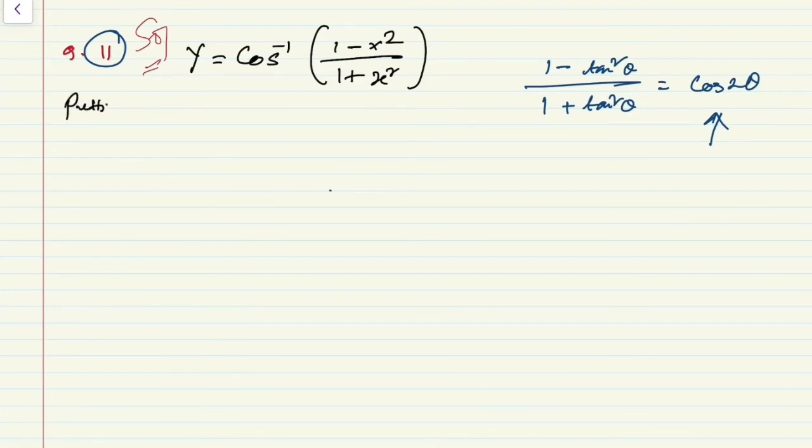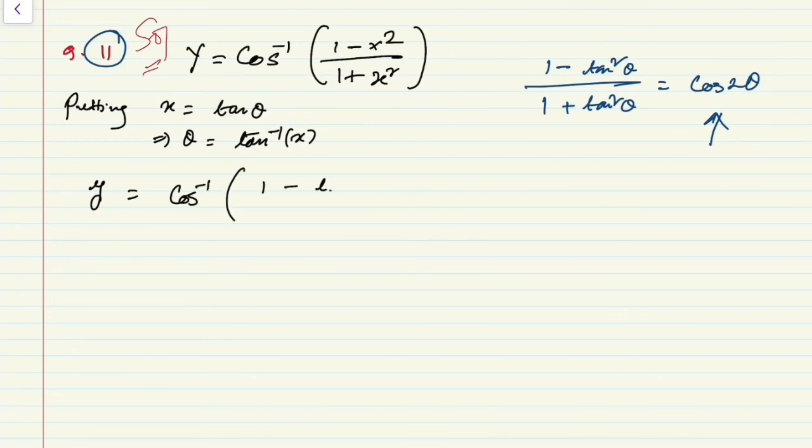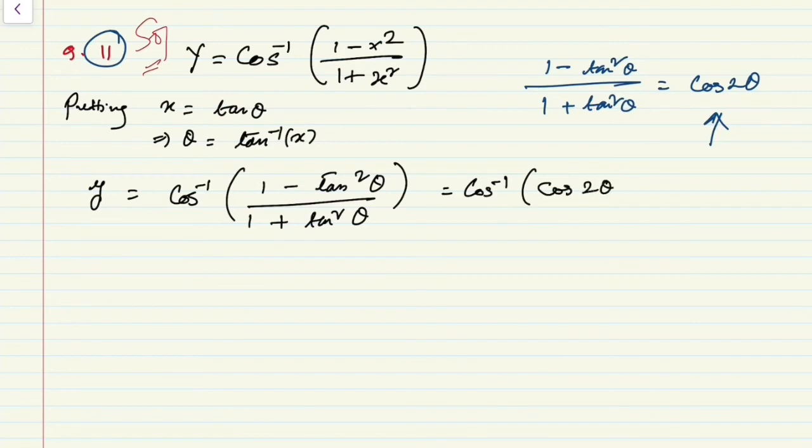Putting x is equal to tan theta, which implies theta is equal to tan inverse of x. So then we will get y is equal to cos inverse of (1 minus tan square theta) by (1 plus tan square theta), which gives cos inverse of cos twice theta, which is equal to twice theta.